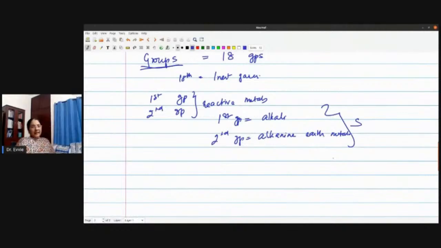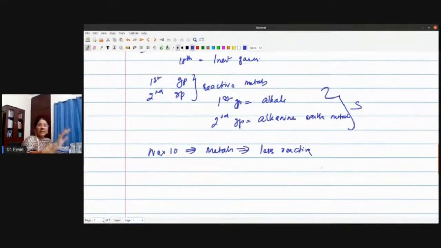The next 10 elements after the S block are basically metals, but less reactive. I've already told you they are called the D block elements or transition elements.